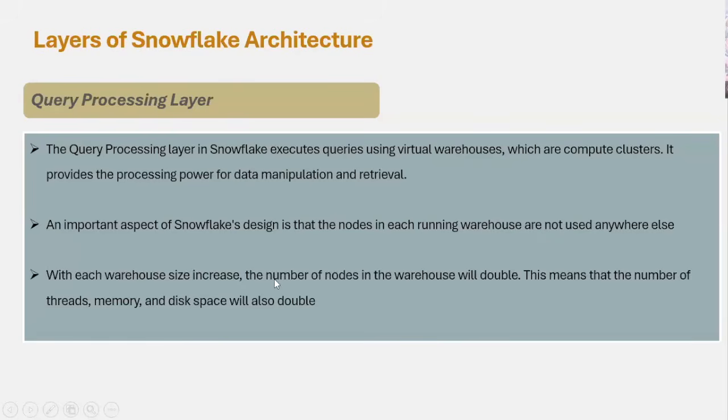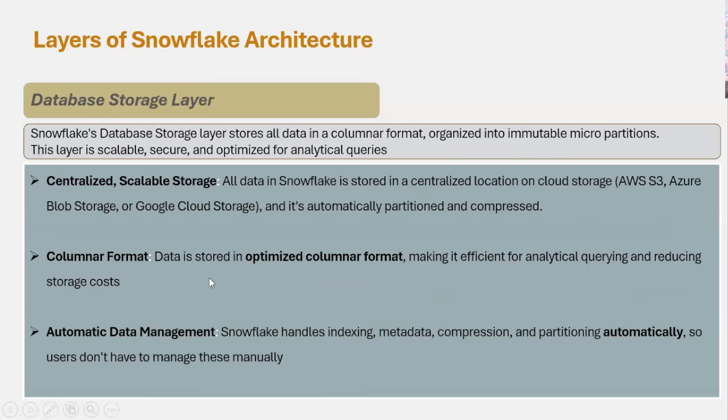The moment warehouse size increases, the number of nodes also doubles. So the moment I'm increasing the clusters, let's say it had initially one cluster, then two clusters, since the nodes are increasing, my cost is also increasing, but at the same time my compute is also increasing. So I will get better performance or better concurrency depending upon my requirement. And at the same time, the cost will also proportionally increase.